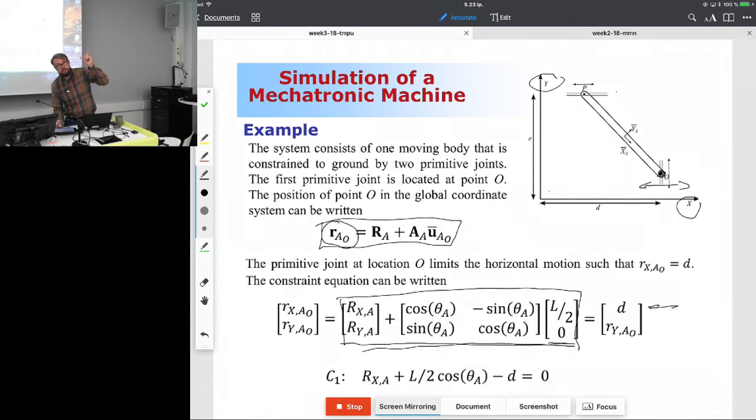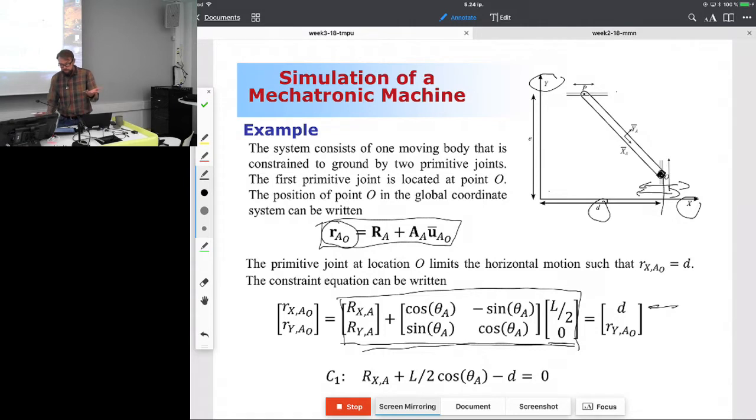Now I'm going to say that the x direction is no longer free to move, but instead it always has to have the value equal to d. Make sense? Okay, so this is my position, and this motion is no longer possible because the coordinate x must have the value d, no matter what.